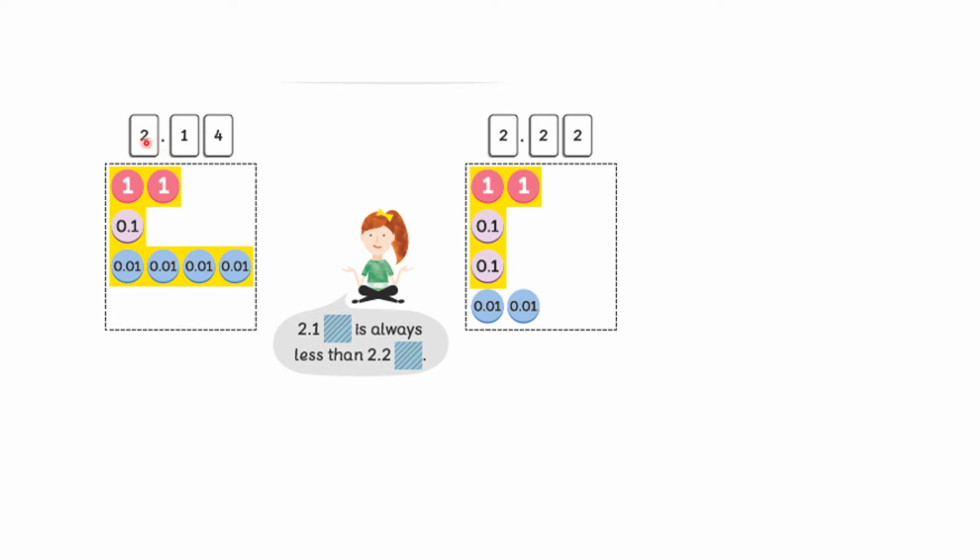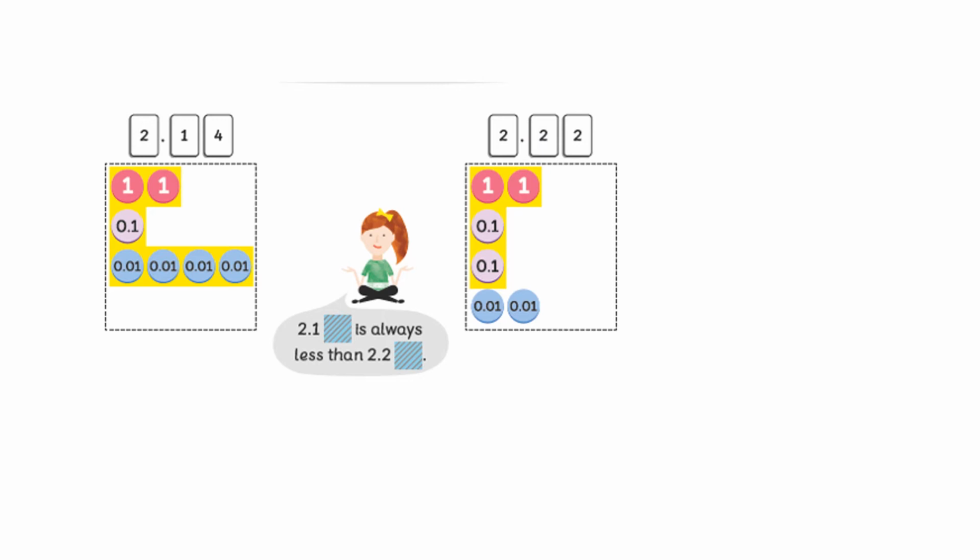Okay, so we're going to go to our first column, which is our ones, and we can see that Flora has 2 ones. So far they're looking the same. But when we go to the tenths column, we can see that this side only has 1 tenth, whereas this number has 2 tenths. So that means that this number here must be bigger than the first one.